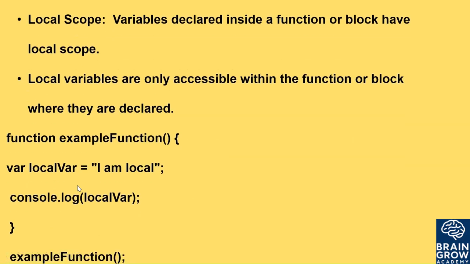Local scope means we declare a variable within any function or any block of code, like inside if else. So here you can see that we have a function, and this local variable we declared inside this function. This local variable is accessible within this function.